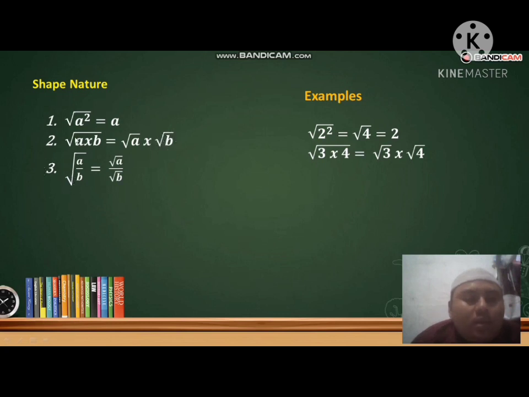Number 3, the square root of a over b equals the square root of a over the square root of b. Okay friends, examples of the root form: the square root of 2 squared equals the square root of 4 equals 2, and then the square root of 3 times 4 equals the square root of 3 times the square root of 4.